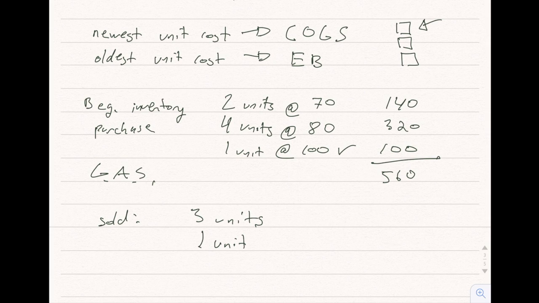So the newest ones are going to be applied first. Okay, well, that means we look here. So we're allowed to use 1 unit for 100, since 100 was the last one purchased. When we sell, it's last in, first out. So think of it as an allowance, right? You're only allowed to use 1 of them. Well, that's going to be right here.